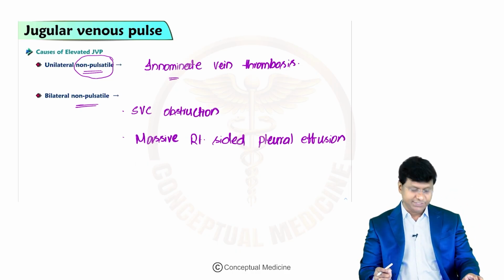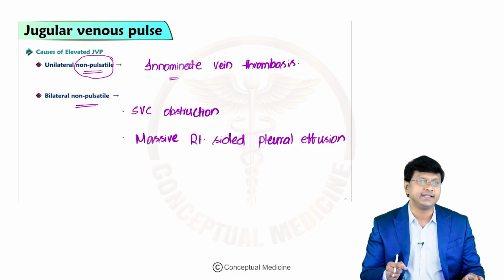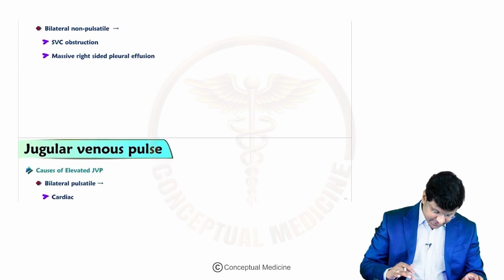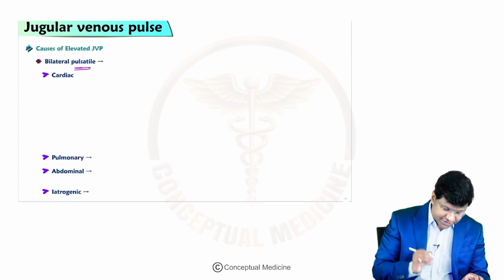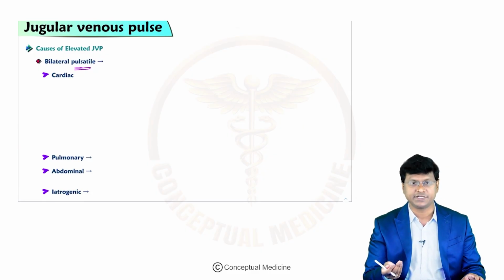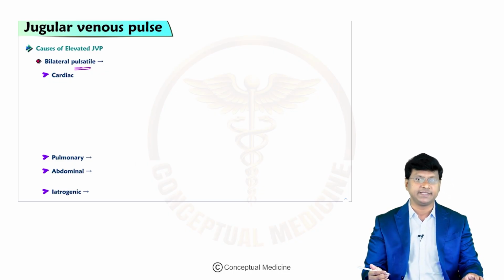So these are the conditions where you have bilateral non-pulsatile increase in the JVP. And now let me discuss the causes of pulsatile increase in the JVP. Whatever we have discussed until now is non-pulsatile increase in the JVP, that is unilateral non-pulsatile increase and bilateral non-pulsatile increase.